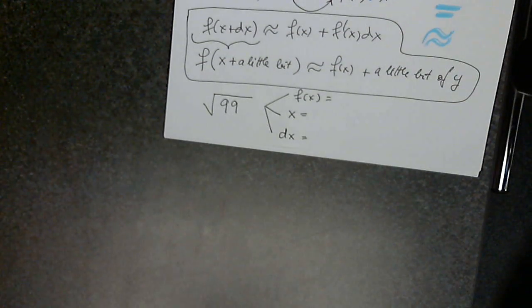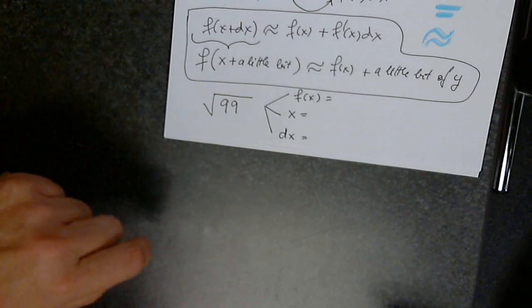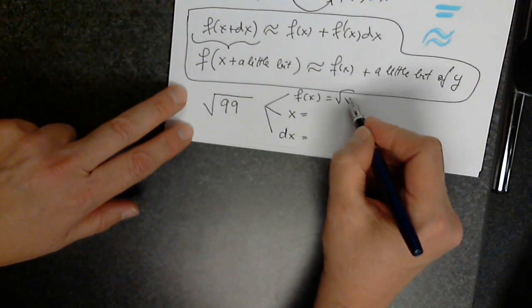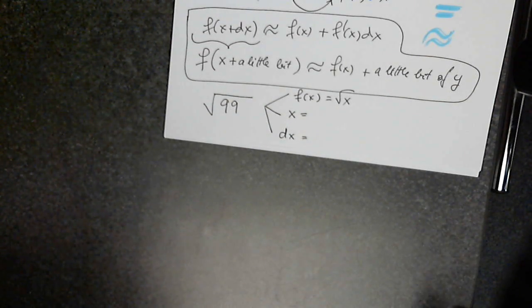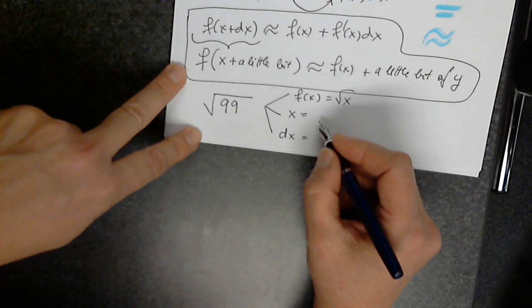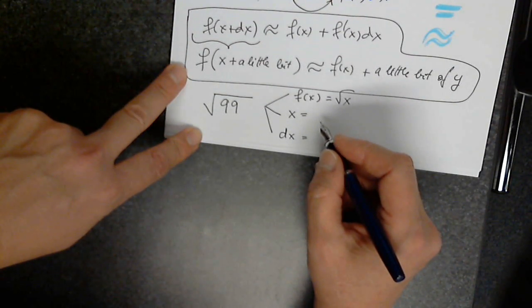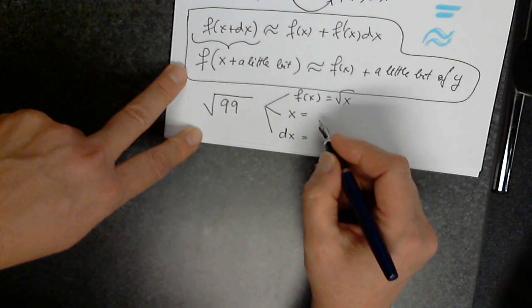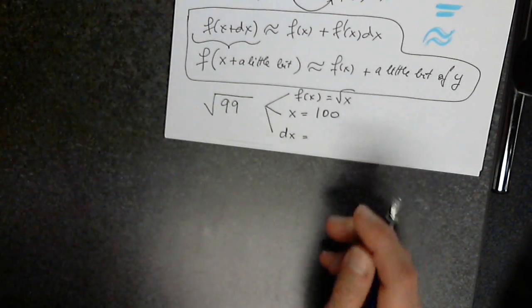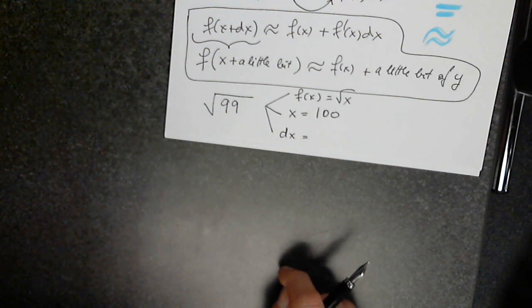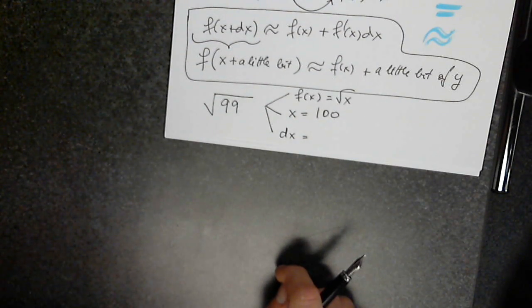What function? Obviously, the square root of x. Obviously, x is something simple that I can determine the square root from, which is something simple, 100. Of course. What is the little change away from x? Minus or positive?